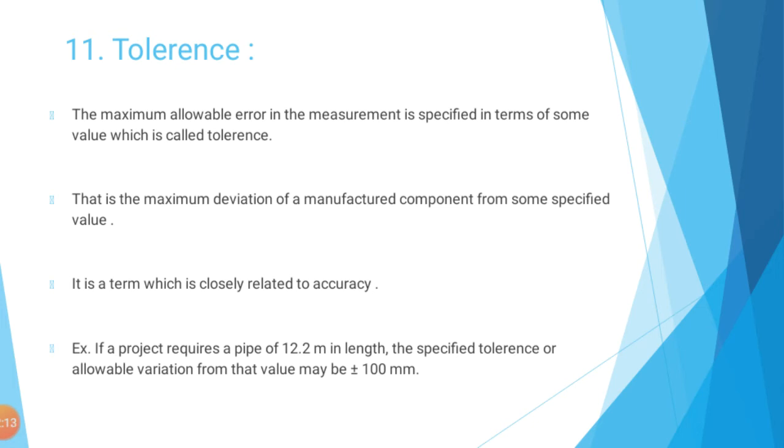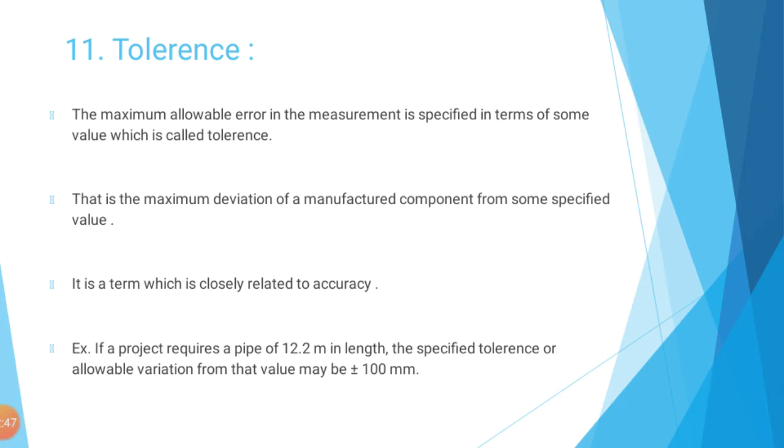That is the maximum deviation of a manufactured component from some specified value. That means when the instrument is manufactured, that maximum allowable error is specified, so that after performing the experiment or the measurement, we are able to get correct readings, or we get accuracy in that measurement.